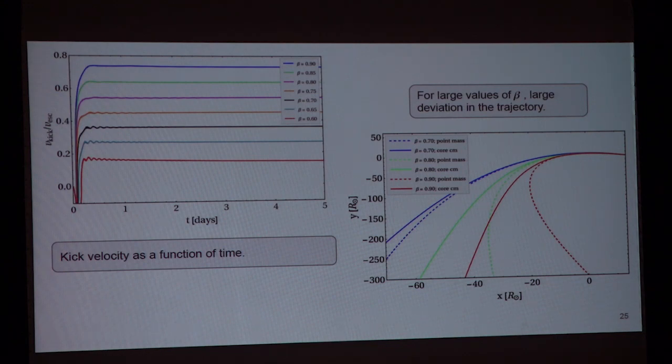So if you look at the maximum beta that we have, that is for the closest approach near the black hole horizon, you see this is basically the center of mass of the core. The center of mass of the core evolves in this way, and I showed you how the core is formed. And this deviates so much from what would happen if you would have taken the star to be a point mass which is moving under the influence of that same gravitational field.